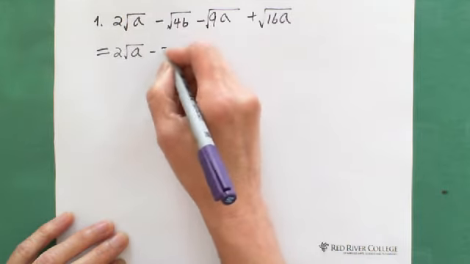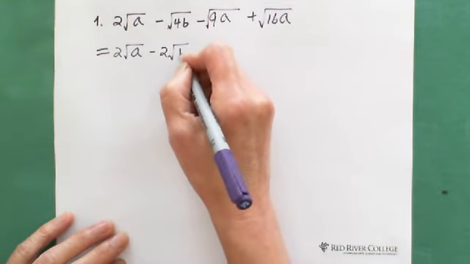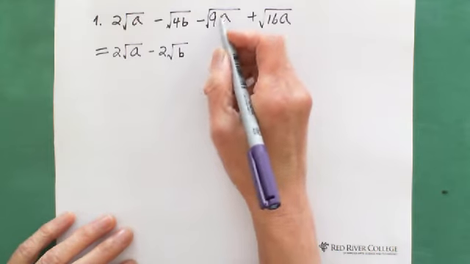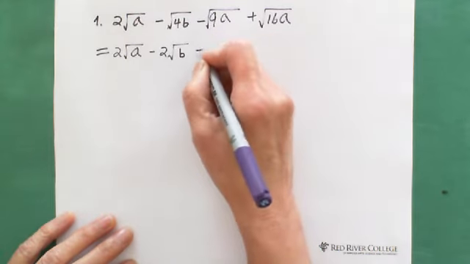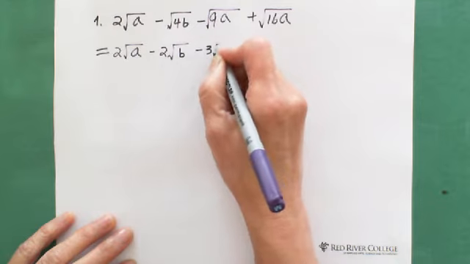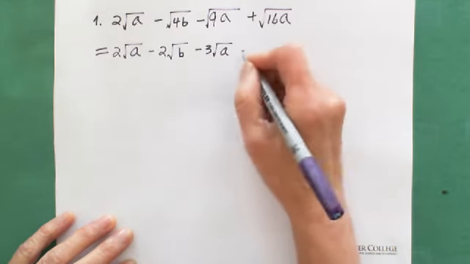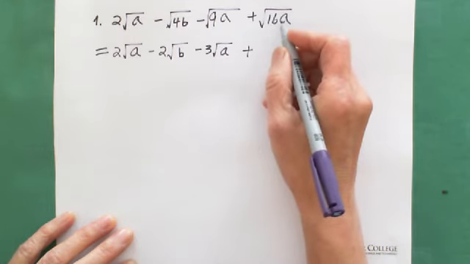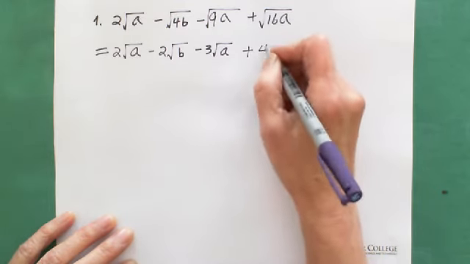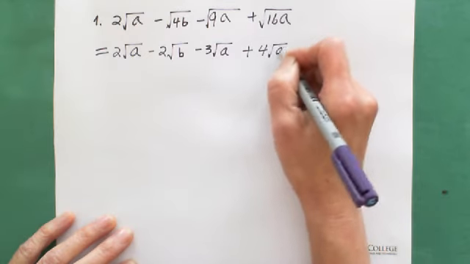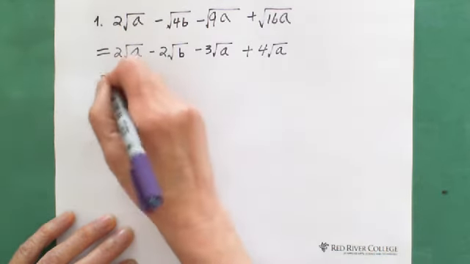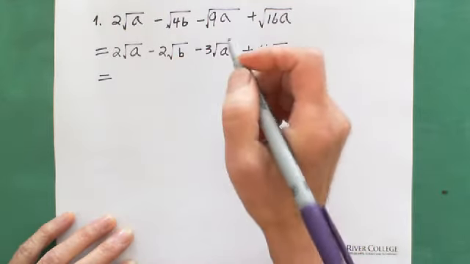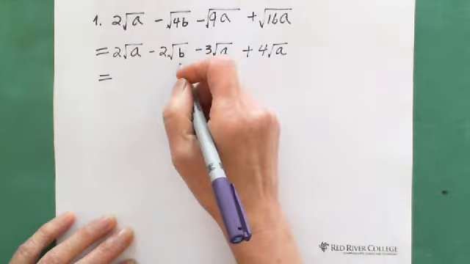That's why you get 2 square root b. 9a: 9 equals 3 squared, and gets out of the square root as 3. So 3 square root a. And 16 can be simplified as 4 squared, so the radical is 4 square root a.